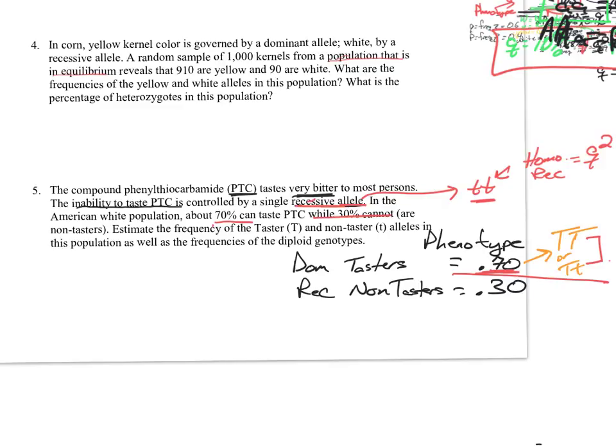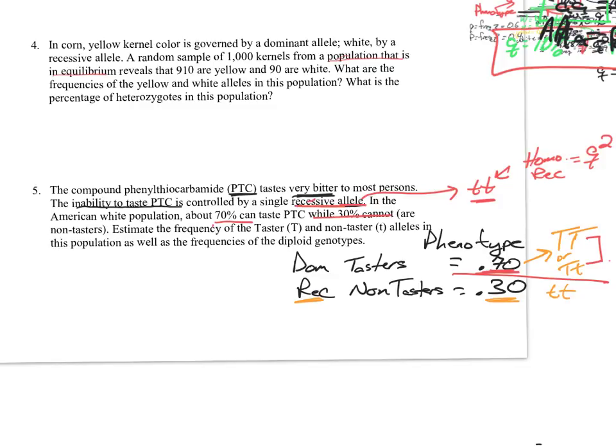What about the other number? What do I know about the other number? So when I see 30%, because it's recessive, I know it's little t, little t.